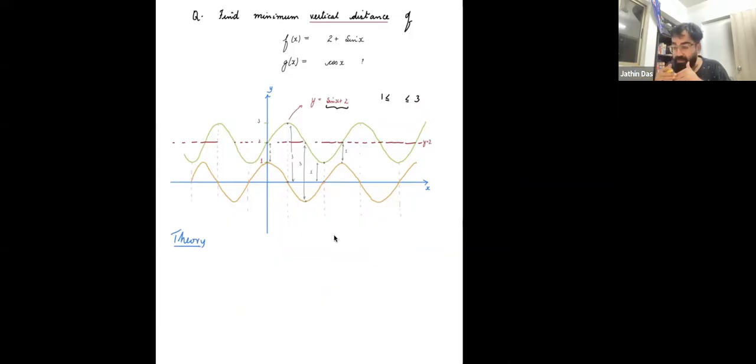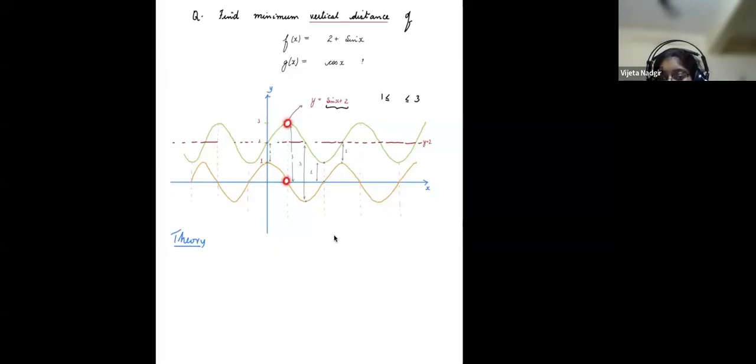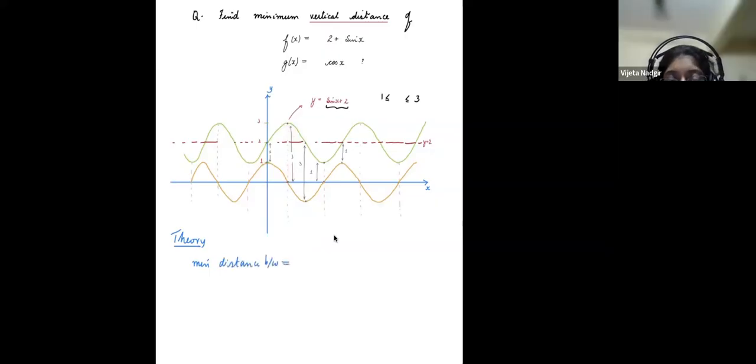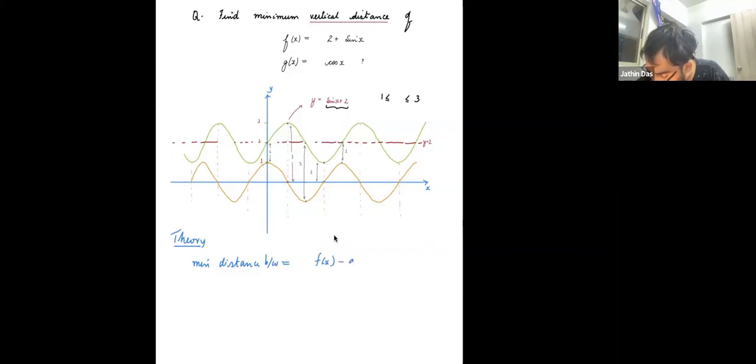So theoretically, what is the minimum vertical distance? It is the difference of two graphs, no? It is basically the difference of sin x and this one. Difference of two functions. So I can say the minimum vertical distance will be f(x) minus g(x).